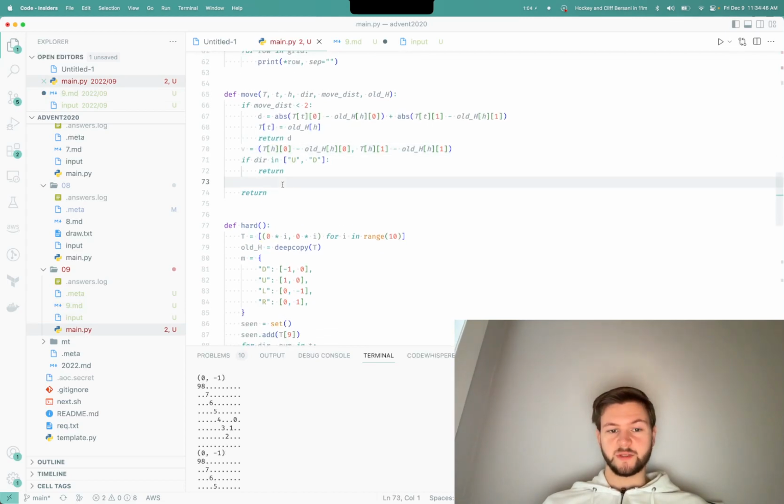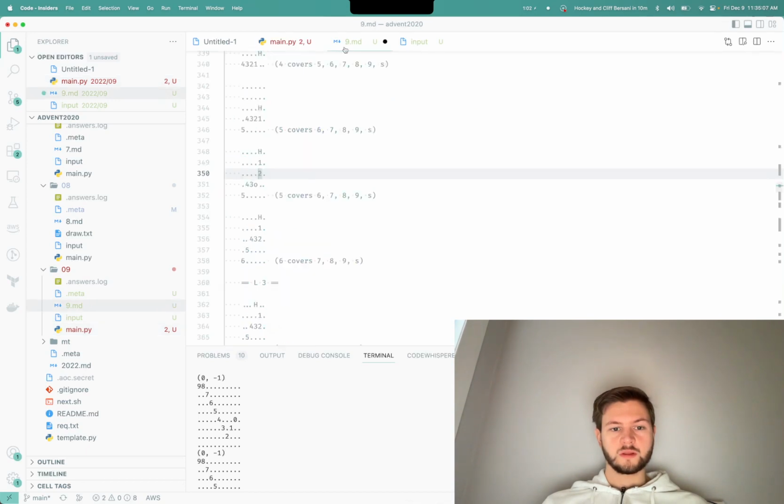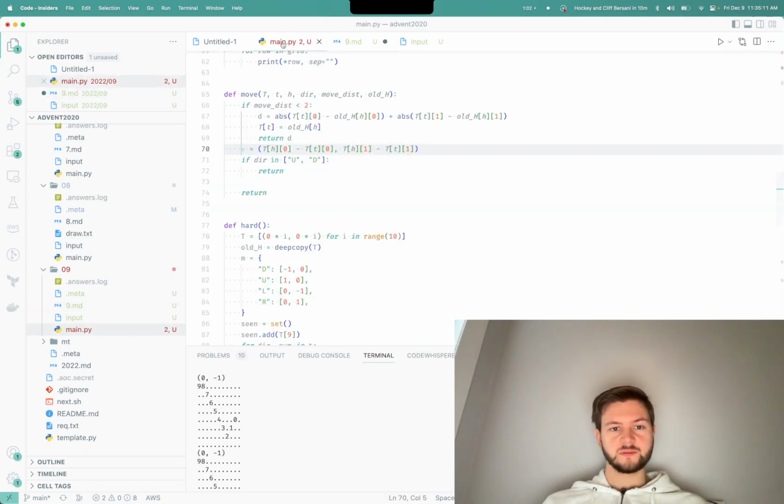So we need to determine the distance of the head and the tail piece. And here, the distance of 1 and 2.